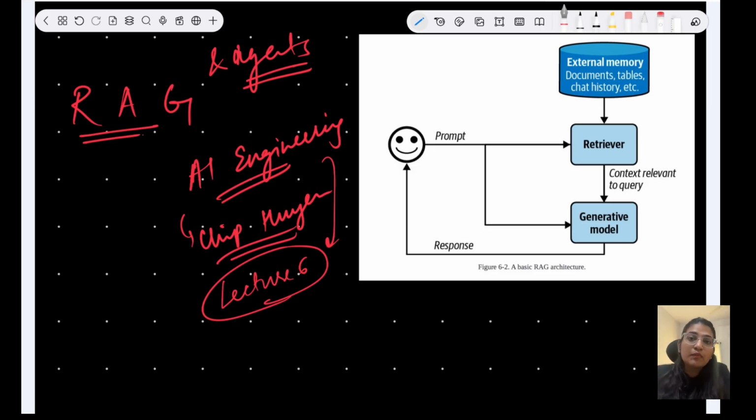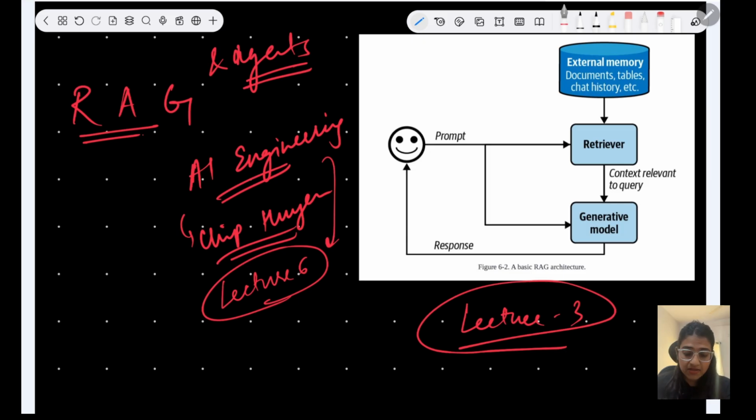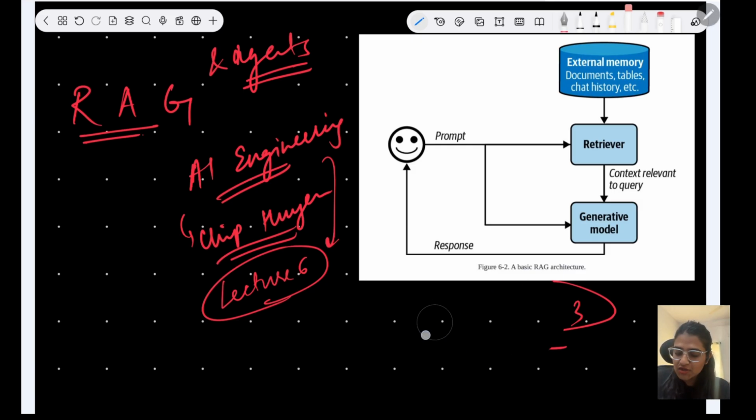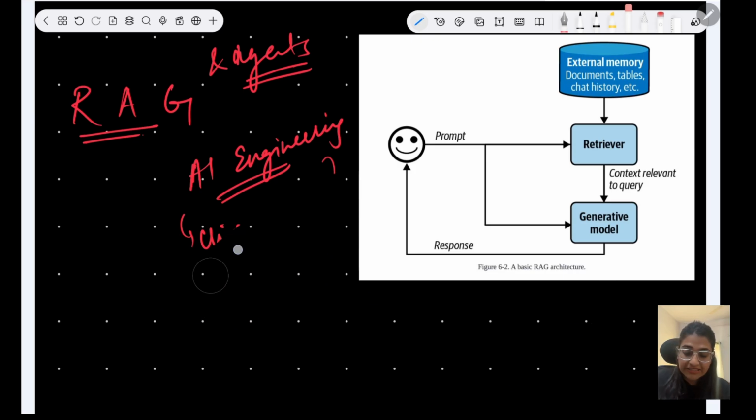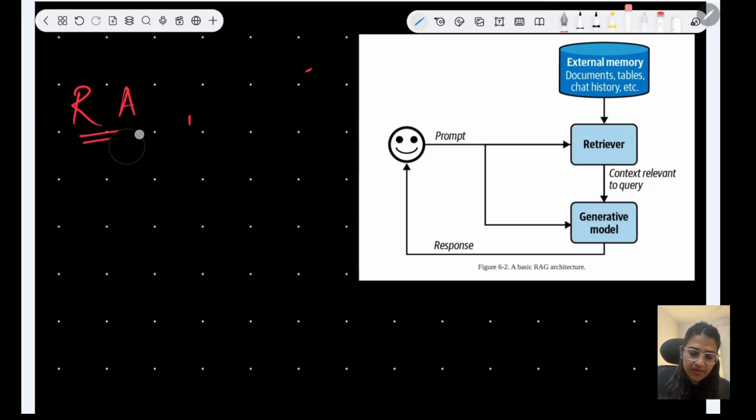While it is very important to know about evaluation frameworks, I think RAG and agents are at a higher priority today, so we will spend the entirety of lecture number 3 discussing RAGs. Another version of this lecture should discuss agents, because RAG is a very big topic, and I thought it's best to go into detail on it. Okay, so let's get started.